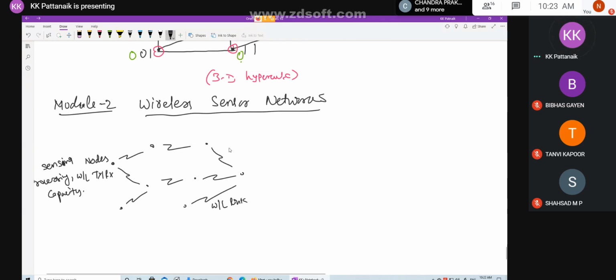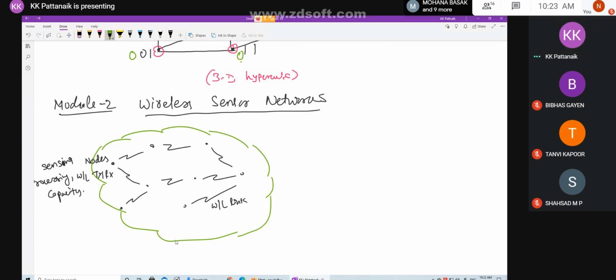The field where the nodes are deployed is often known as the sensing field or the sensor field.